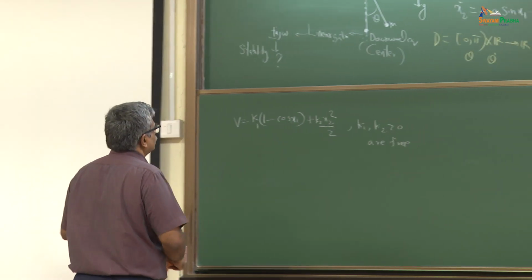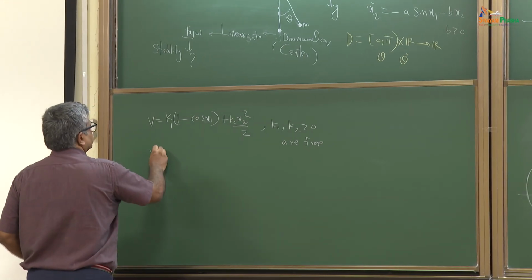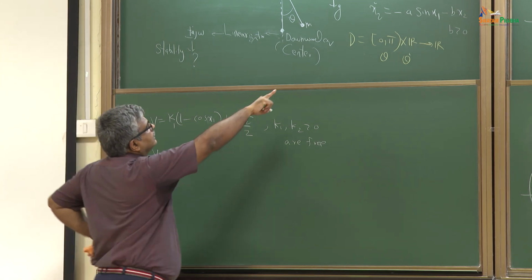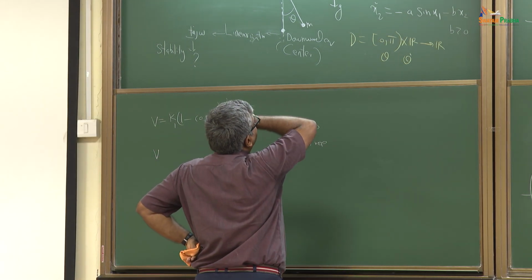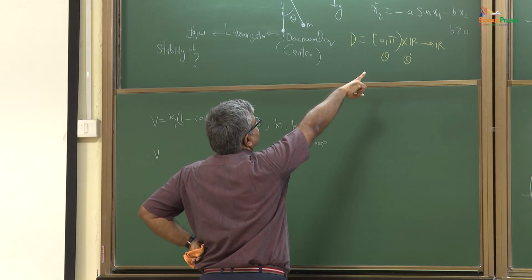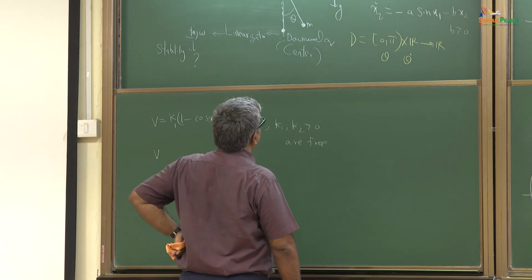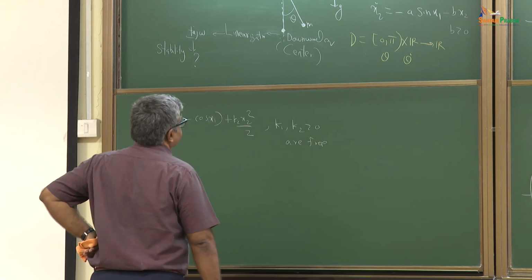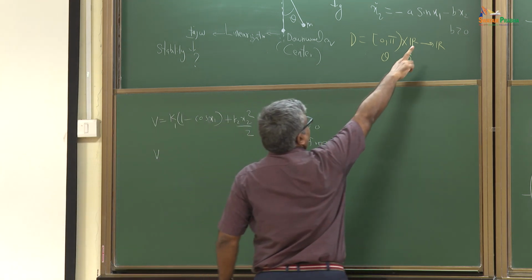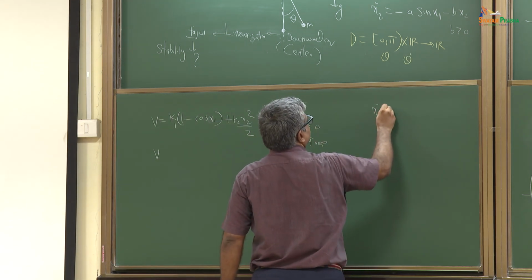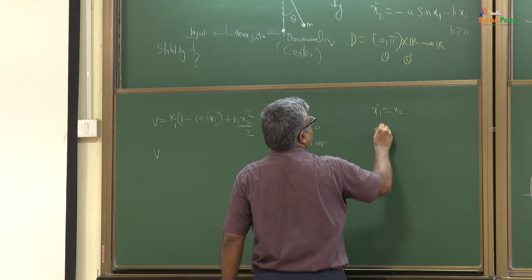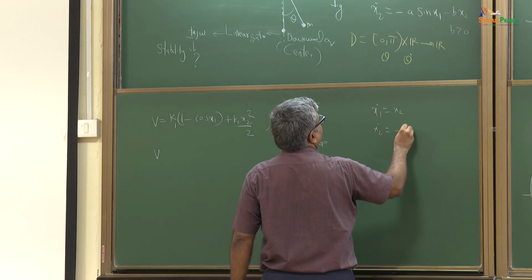Okay, so let us check. Downward was what? x2 equal to 0, x1 equal to 0, right? We'll neglect the friction, or we can even take the friction also.